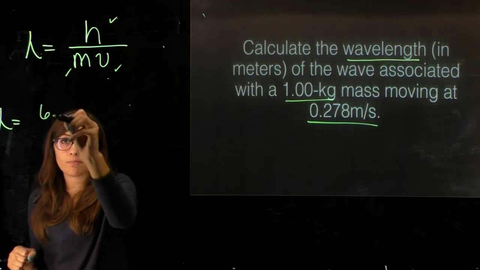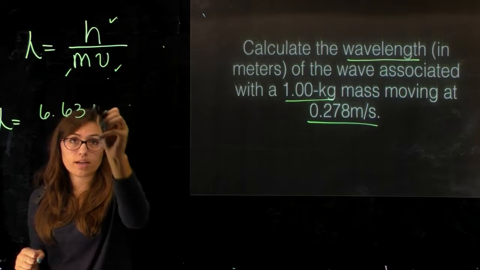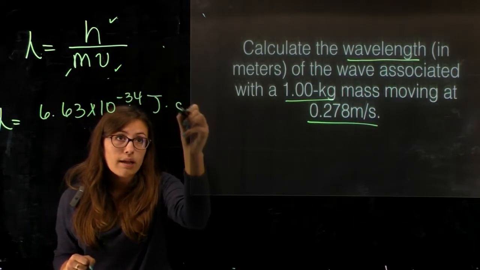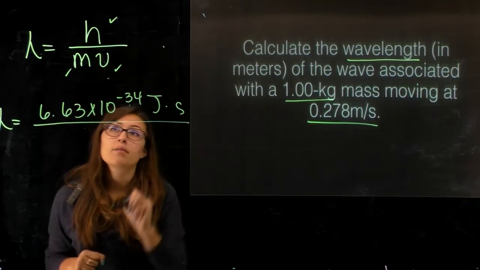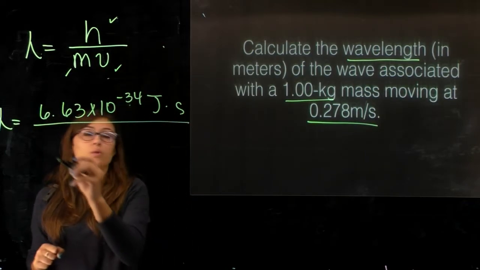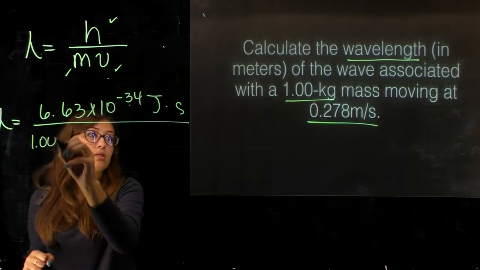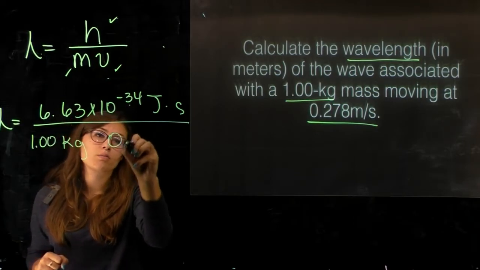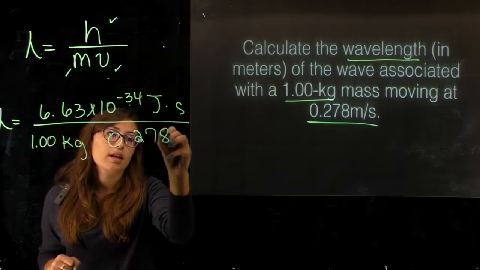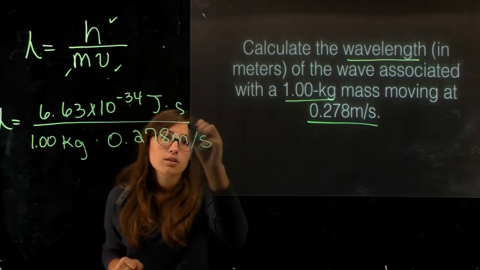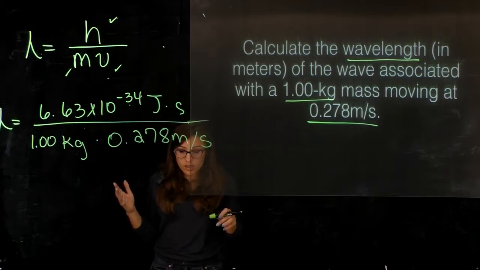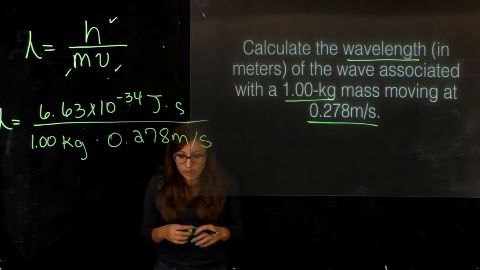Planck's constant is 6.63 times 10 to the minus 34th joules times seconds, divided by my mass, which is 1.00 kilogram, multiplied by 0.278 meters per second.